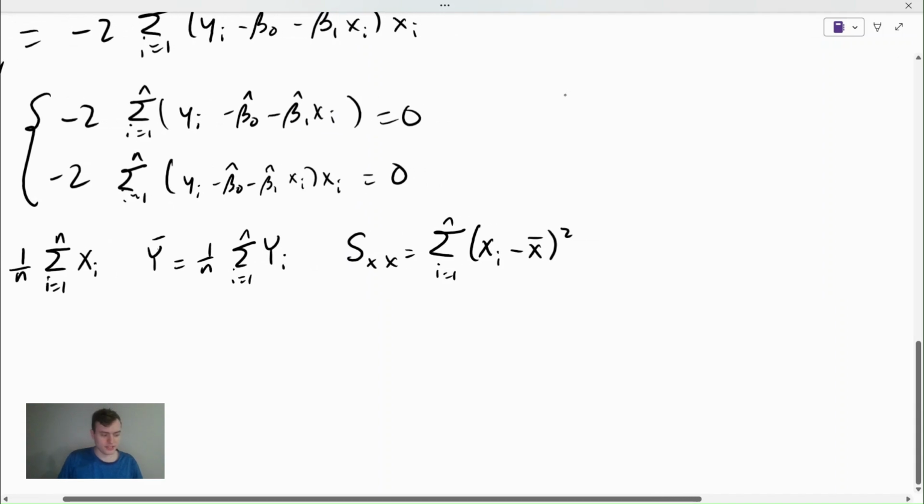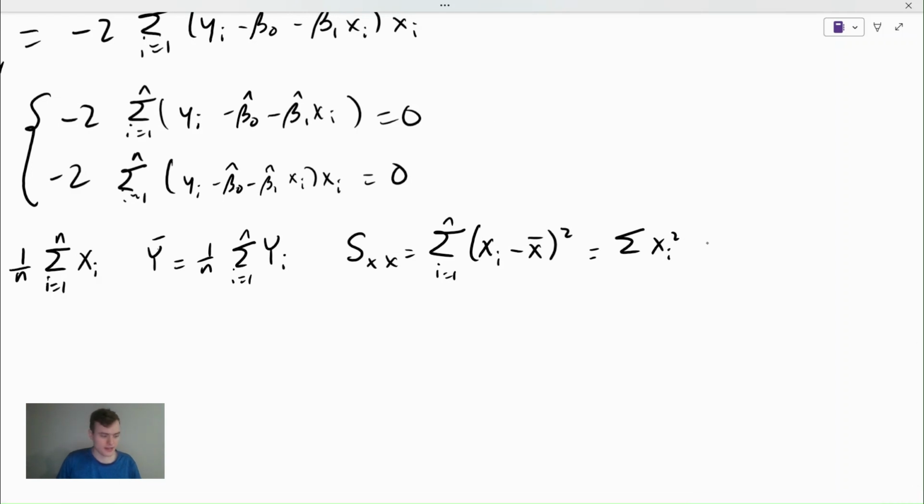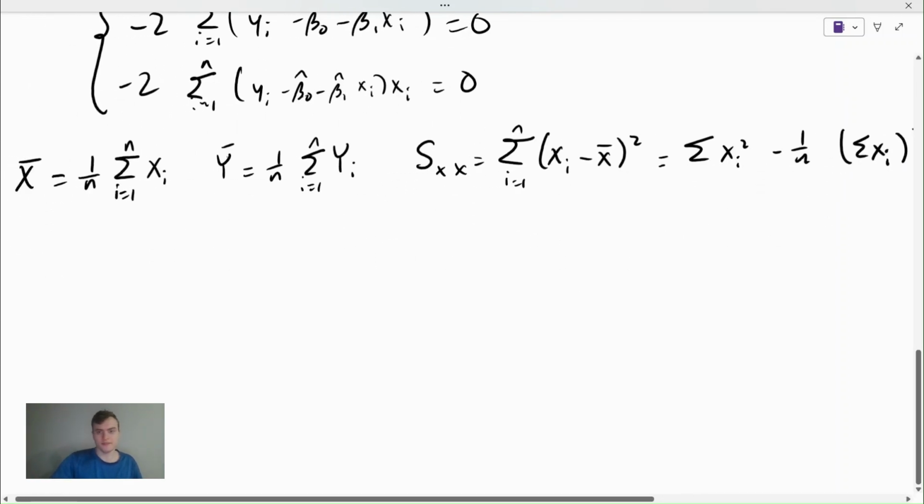And this summation is equivalent to the sum of x_i squared minus 1 over n times (the sum of x_i) squared. And now I'm not writing the i equals 1 to n because we're just going to assume that's the case when I write the big sigma summation.